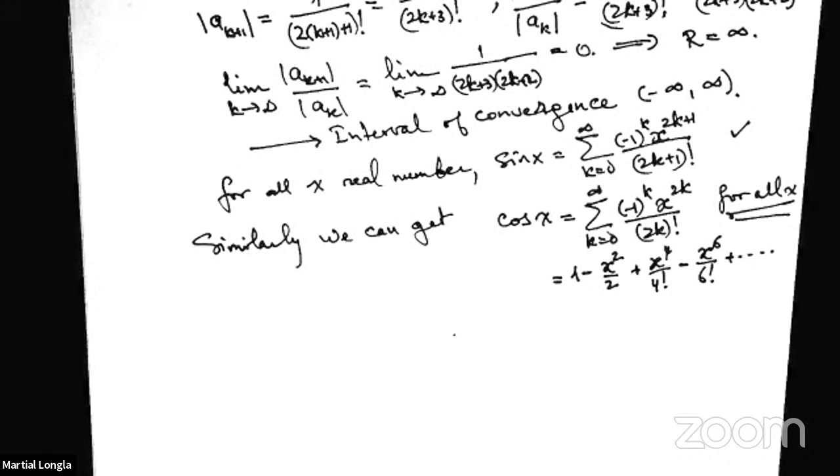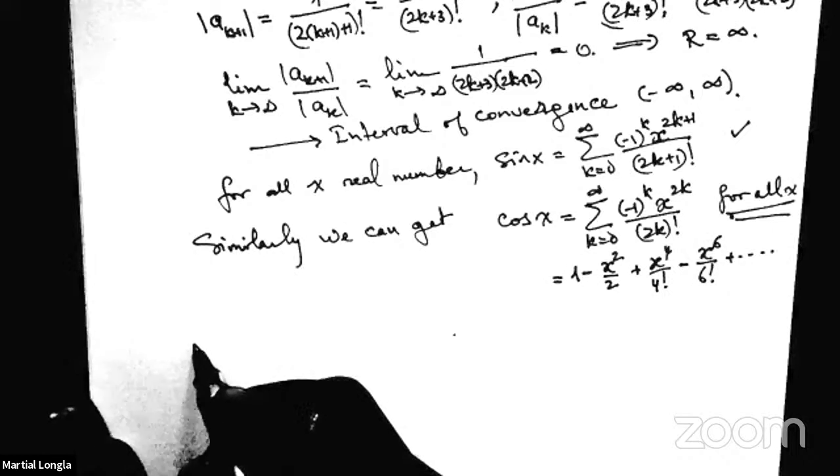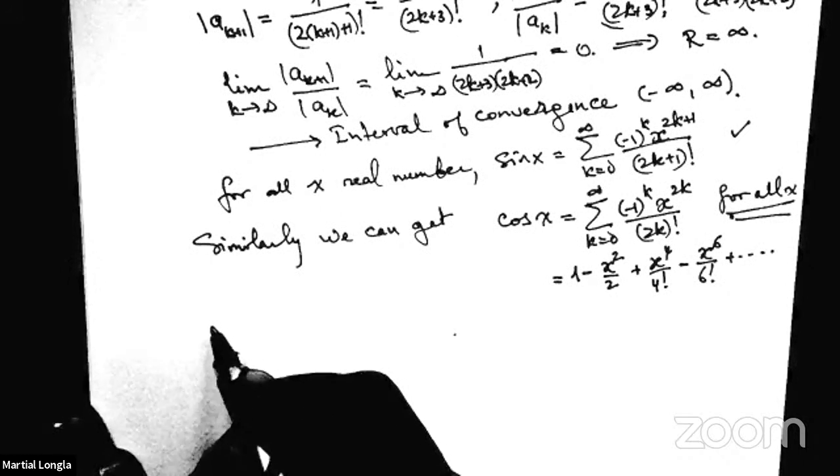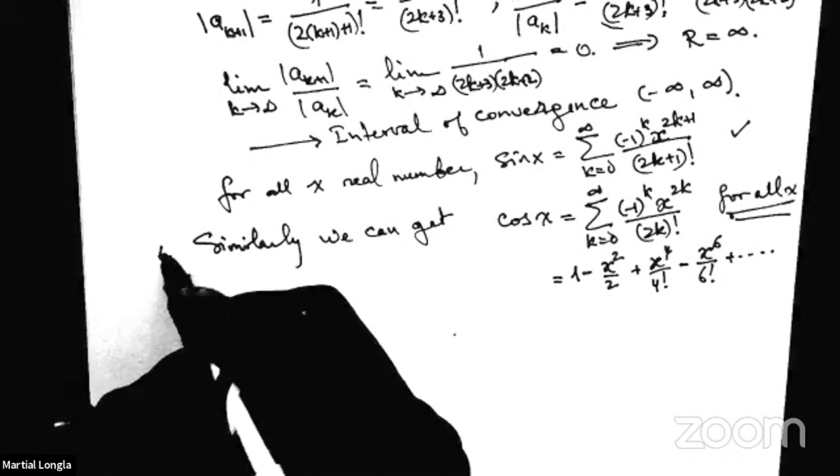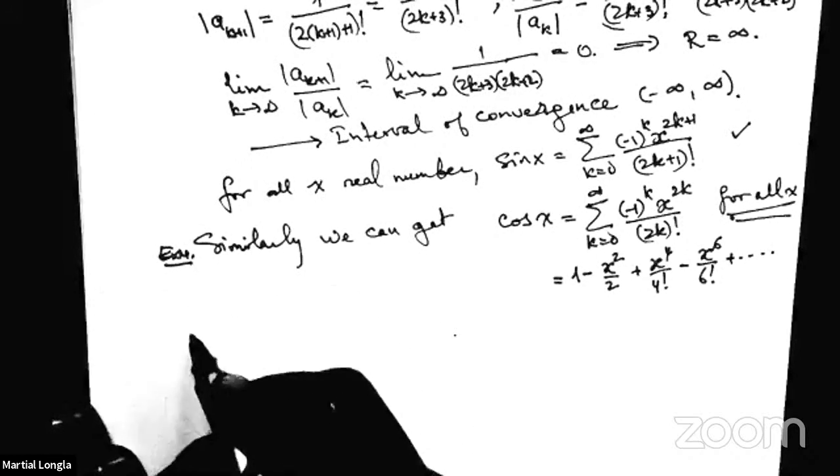Now we had e to the x, we have 1 over 1 minus x, and we have cosine x and we have sine x. Now, let me ask you this. What would you say about this one? This we can say is example 4.